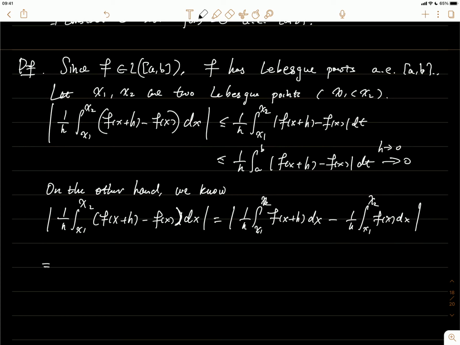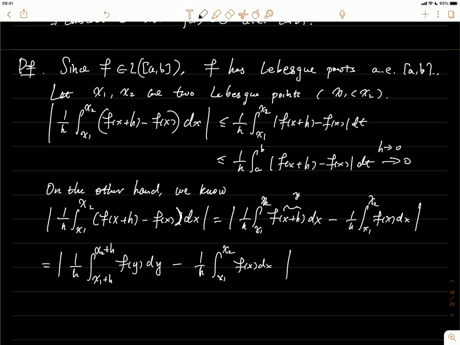We can do a change of variable. Here the whole thing, I can call it y, for example. Then when x is from x1 to x2, y is from x1 plus h to x2 plus h. So we get 1 over h, the integral from x1 plus h to x2 plus h of f(y) dy, minus 1 over h, the integral from x1 to x2 of f(x) dx.